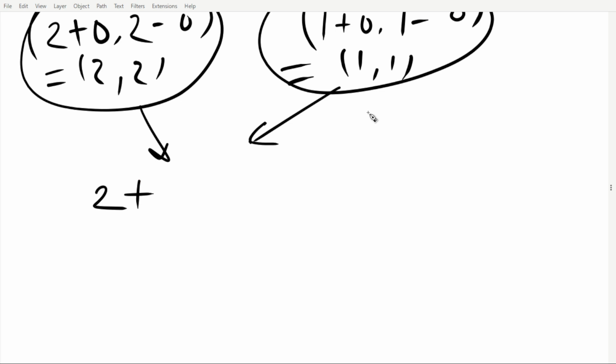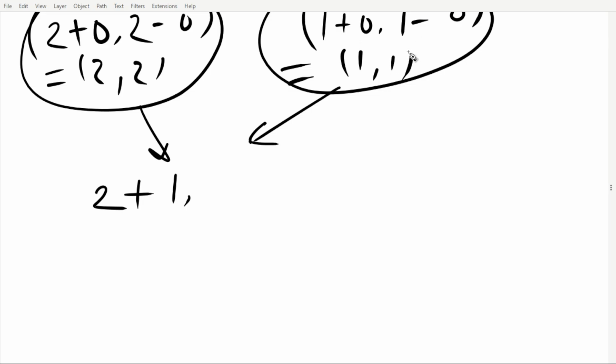So we combine this as 2 plus 1. Now for the second value, the second component 2, here also second component, how they are combined, now the multiplier is i to the power 1. So 2 plus 1 multiplied by i. So earlier it was 2 plus i to the power 0 multiplied by 1. Second will be 2 plus i to the power 1 multiplied by 1.